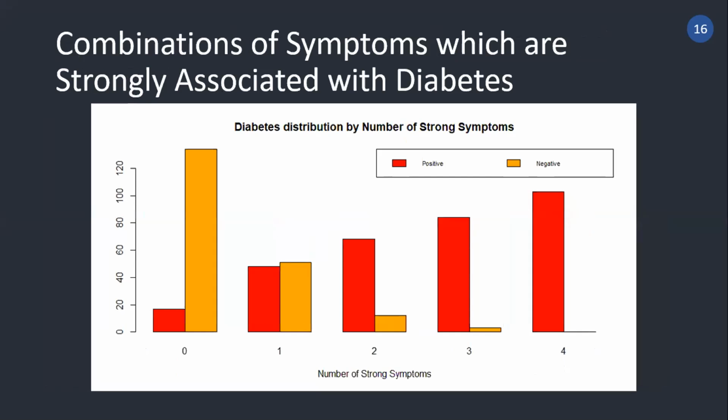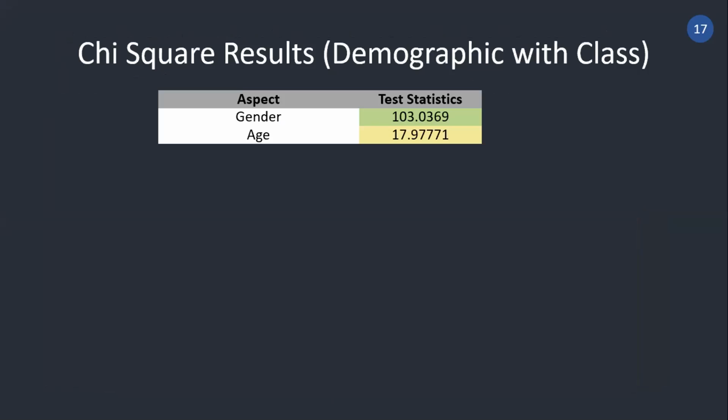When we combine all four symptoms, if a person has all four, it is 100% certain that the person has diabetes. And if the person does not have any of the four symptoms, 89% of them do not have diabetes. Therefore, we can conclude that these four symptoms are important for saying whether one has diabetes or not.